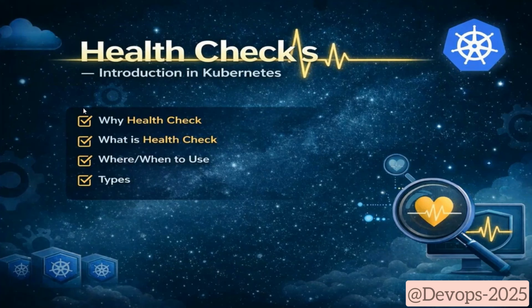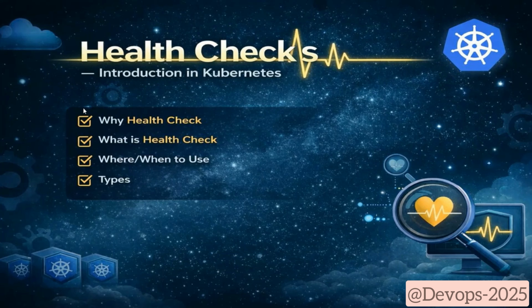If you are keen on Kubernetes and DevOps, this video is going to change the way you think about containers. Most people believe "my pod is running, so my application is also fine." However, in real-time production environments, running does not always mean working.